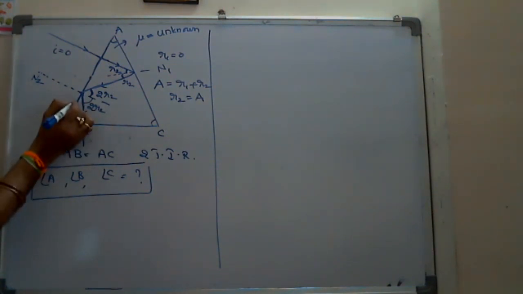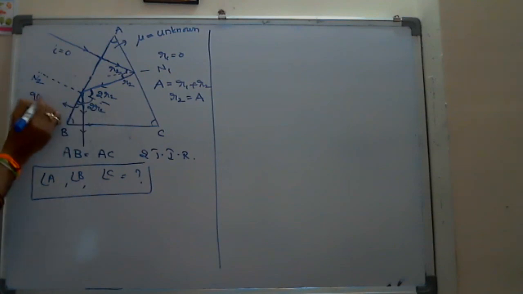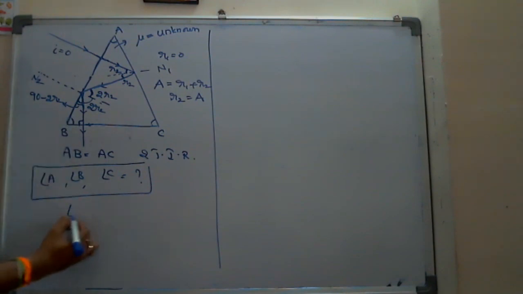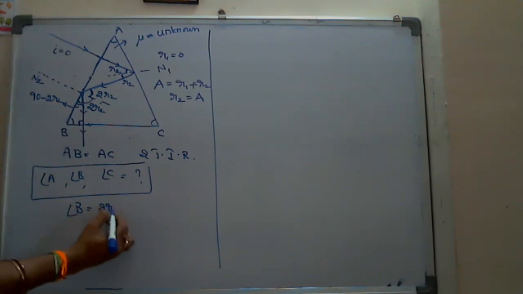If it is 2R2, then the angle here, total 90 degrees with the surface, it is normal. 90 degrees means this angle, I can say, is 90 minus 2R2. If it is 90 minus 2R2, then it is already 90. So the angle B, I can write, is equals to 2R2. Why?